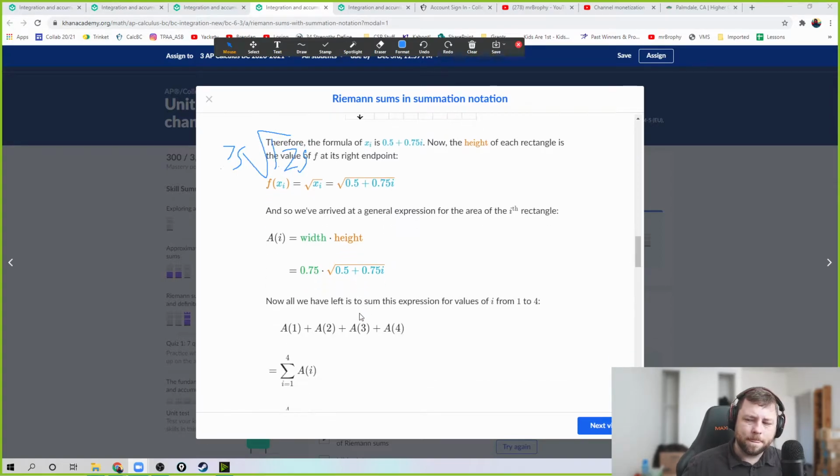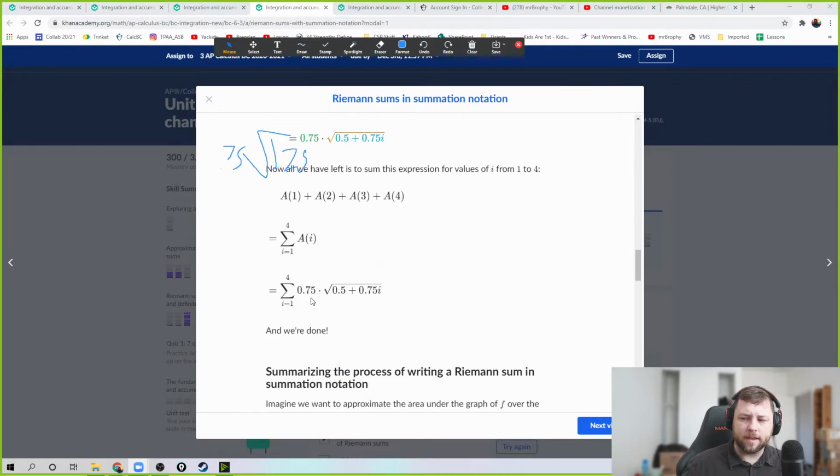Basically, they're saying I could take that formula and write it as a Riemann sum. It looked like this. This is going to be the width of the rectangles. If I was writing these in sigma notation, this is going to be my width, the delta x. And this is going to be related to my formula. You know how the formula is y equals square root of x? It's not x underneath. It's going to be based off of where you're starting, plus you're adding that width every time.